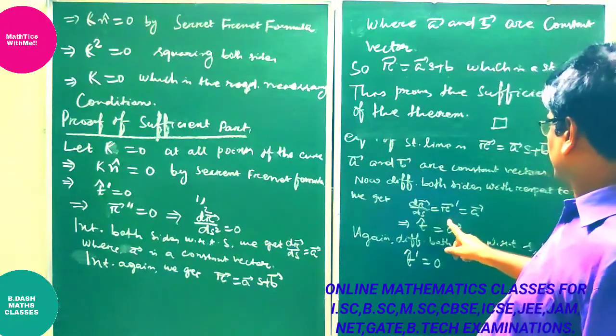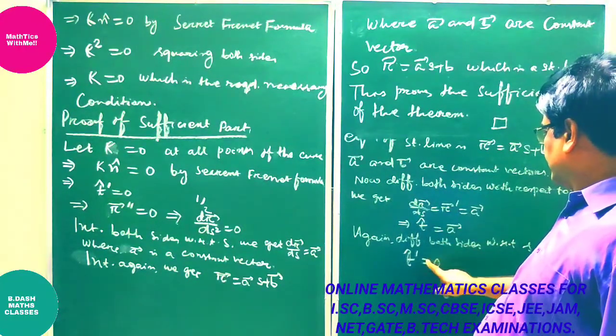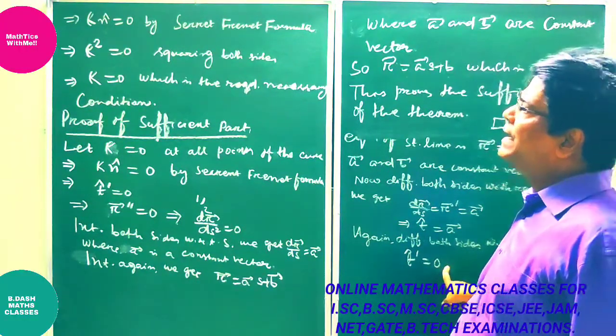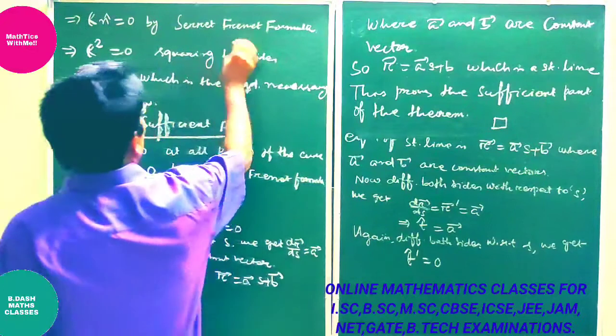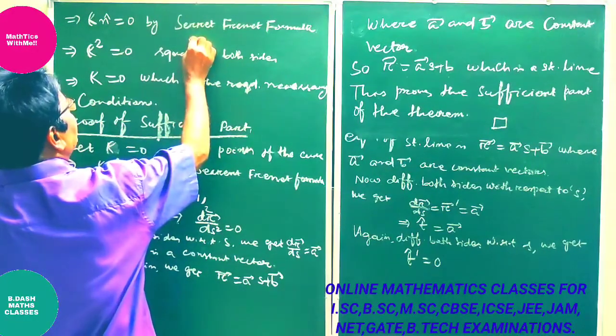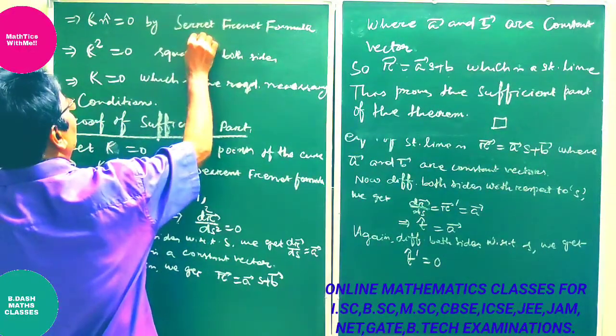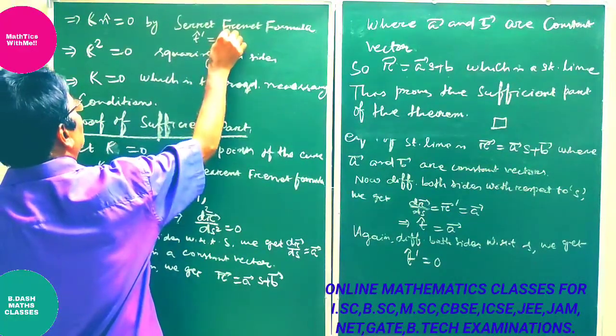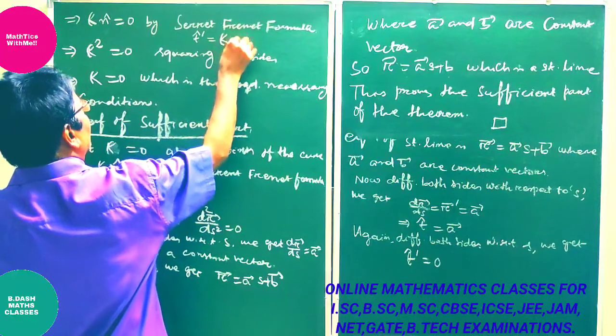Here in the first part, T cap dash is equal to 0. This implies kappa n cap is equal to 0 by the Serret-Frenet formula, because T cap dash is equal to kappa n cap.